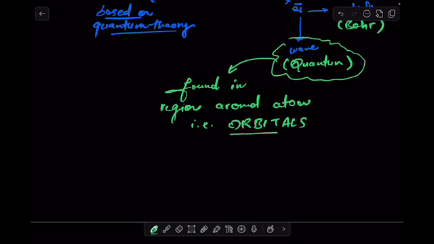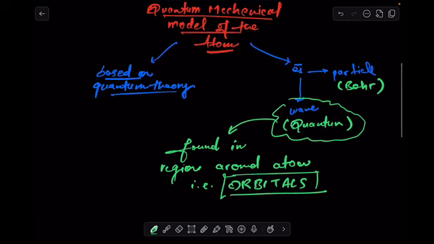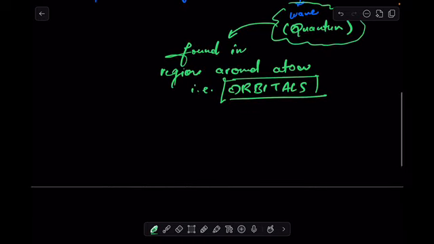So the concept of orbitals is introduced by the quantum mechanical model, whereas in the case of the Bohr model, the electrons, which are considered as particles, are found in orbits.